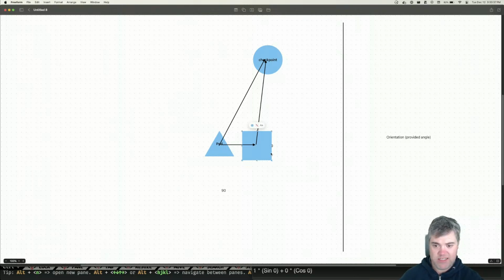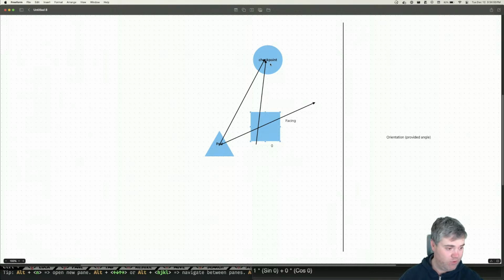The square represents an anchor. Basically, if I'm facing, let's say, this direction, then this would be the anchor. I need a third point in order to calculate the angle between my pod and the checkpoint and my facing.